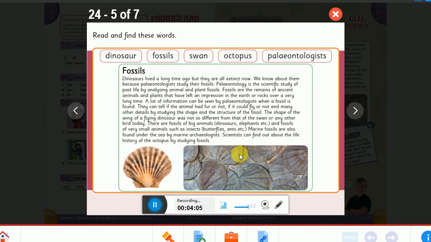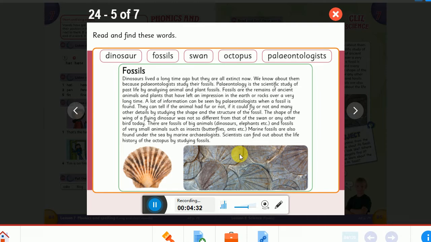So let's go back to these words. Now you know the meaning of dinosaurs. All of us have seen movies about dinosaurs, and we know that some types of dinosaurs were flying, and some other types had long necks and small heads and a big body. And we know now the meaning of fossils. Swan, as you know, is a bird.